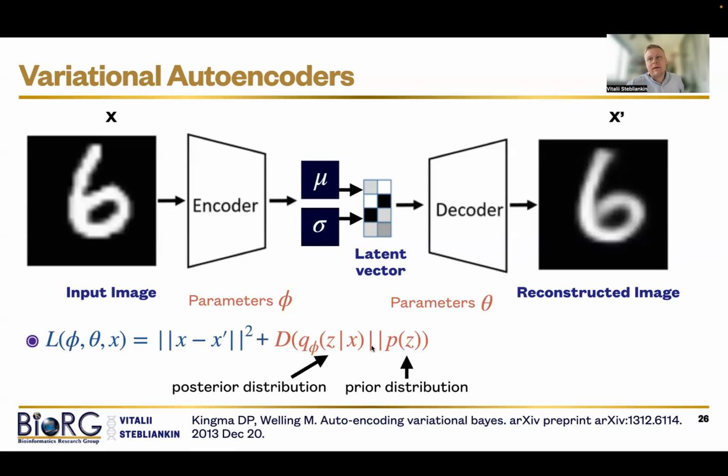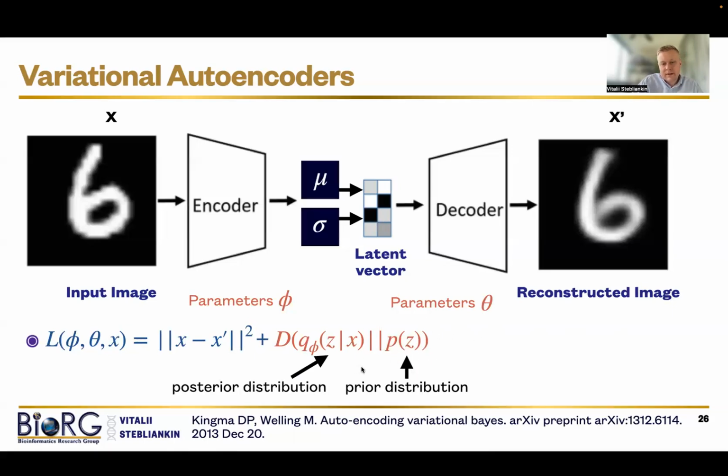This is the hypothesis of what the distribution of the latent vector will look like. So this term d is essentially the distance between the encoding probability for generation and the prior hypothesis p of z of the latent distribution.